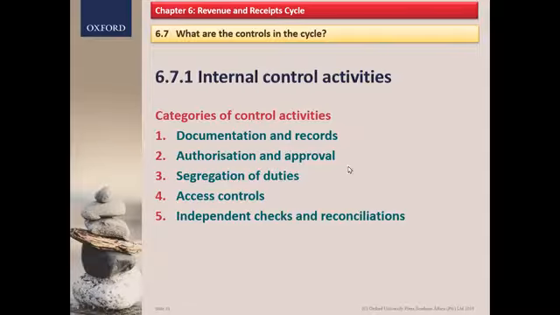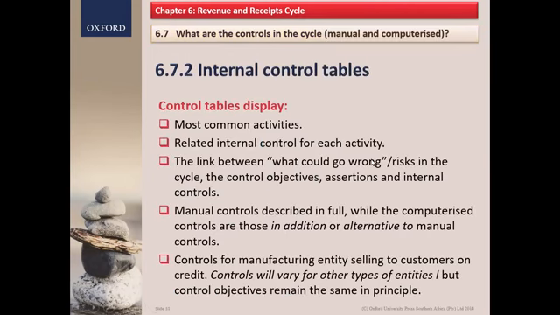Then we look at internal control tables. Internal control tables display the most common activities relating to internal controls for each activity. Then we also deal with the link between what could go wrong, which is your risk in the cycle, and the control objectives, and also the assertion and internal controls. You will be looking at the internal control table soon.